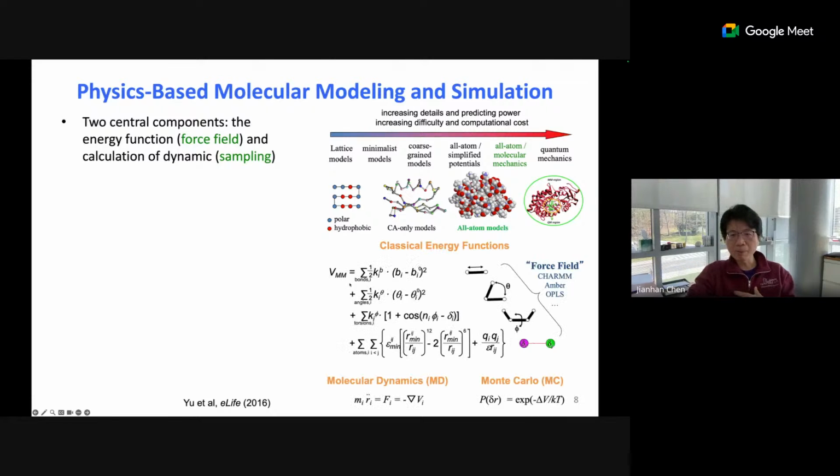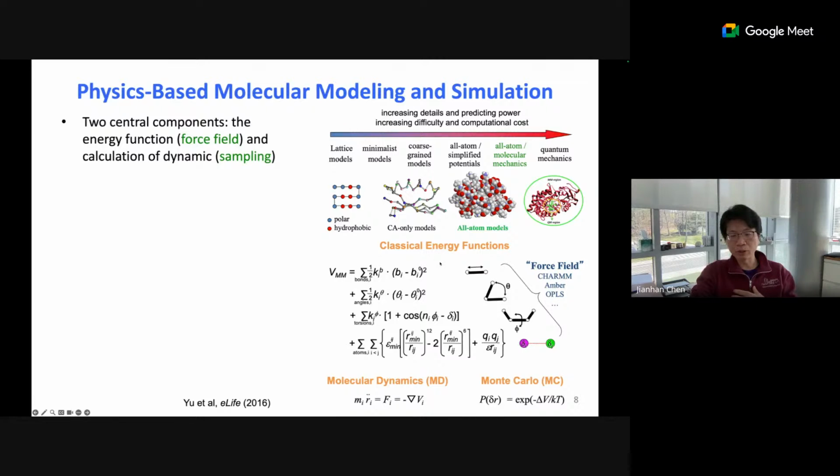For the type of energy function we often use to describe large molecular systems like proteins and nucleic acids, we usually use some type of classical or empirical energy function. We do not try to use quantum mechanics. This classical energy function is, as I mentioned, referred to as a force field. There are several popular flavors widely used in the field, like CHARMM, AMBER, OPLS, etc.